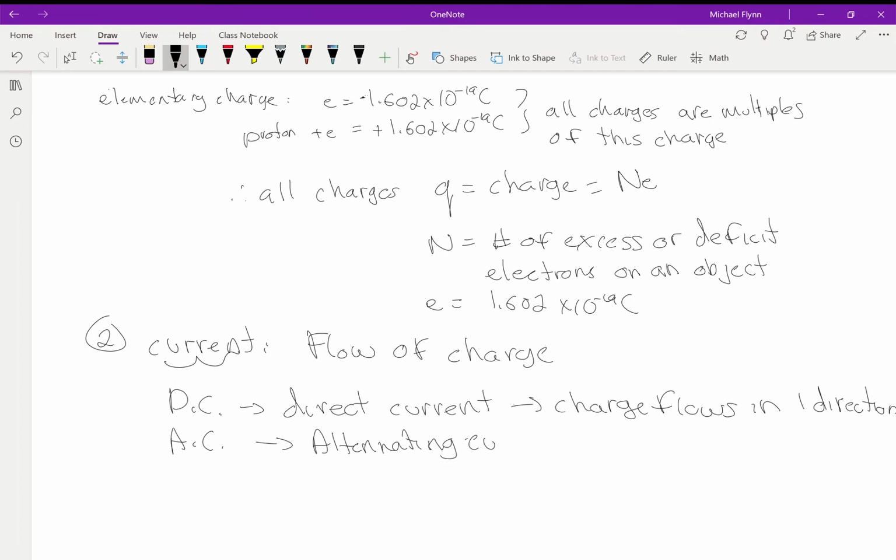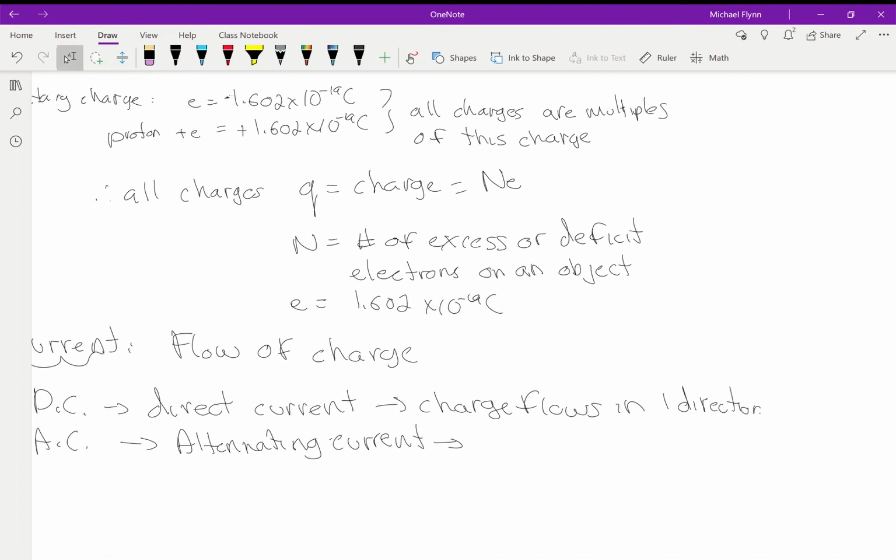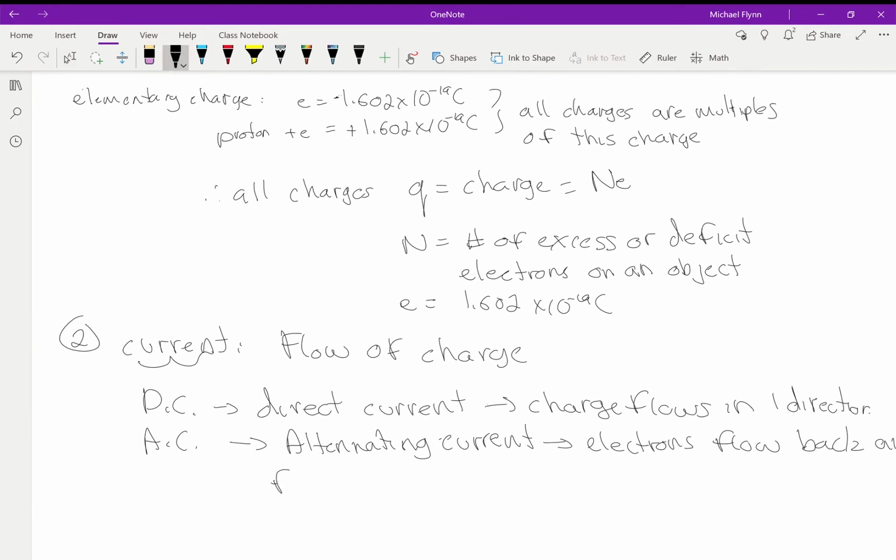Okay? And if we did the circle of pain at school, which some of you know what that is, you'll feel that, and what happens is the electrons flow back and forth. Okay, a river is like DC. Water flows from high ground to low ground.